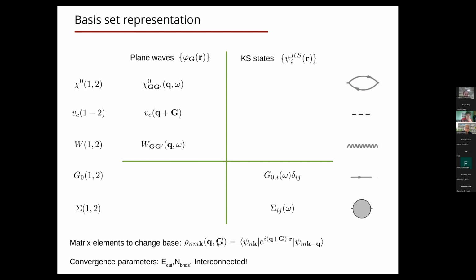And here it is also important to note that these two parameters, the number of bands and the energy cutoff, are interconnected. This is because as we move from one Hilbert space to the other, if you enlarge, for example, the number of plane waves, you are considering a higher Hilbert space, and then you need, of course, to consider this higher Hilbert space in the basis of Kohn-Sham states.